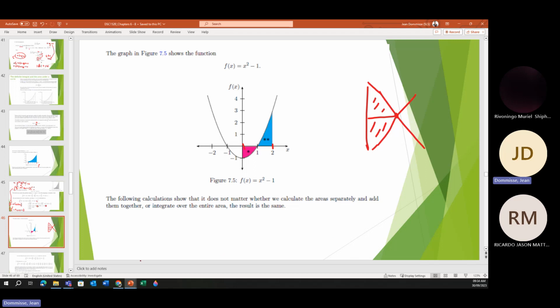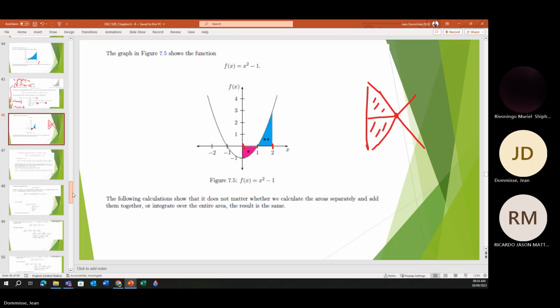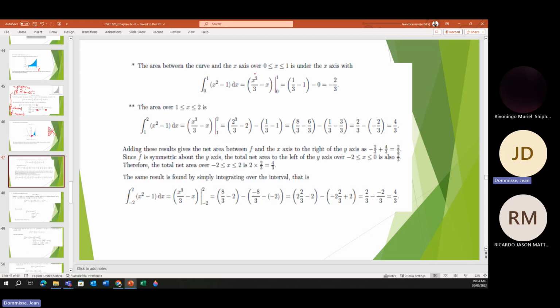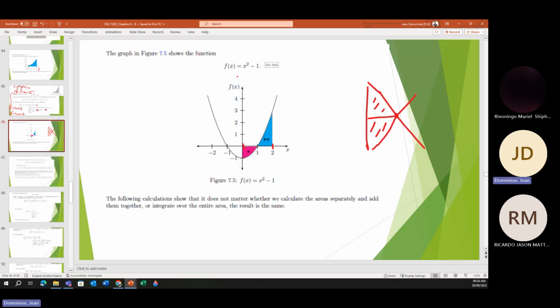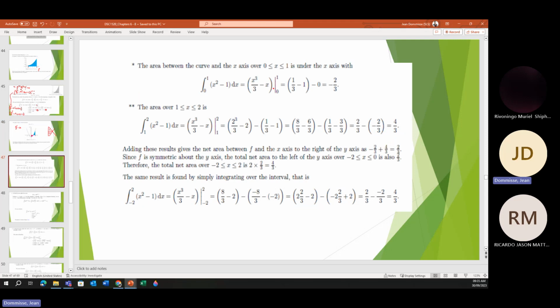Okay, so the same principle will follow in that instance, so it will become x³ over 3 minus x, if I am correct. So you will see that is how you will work.